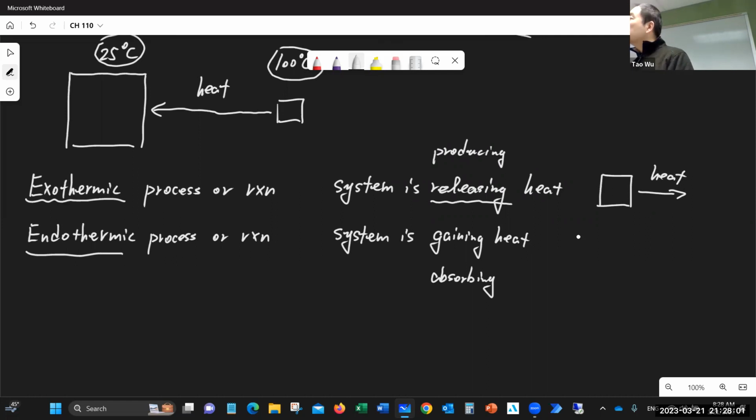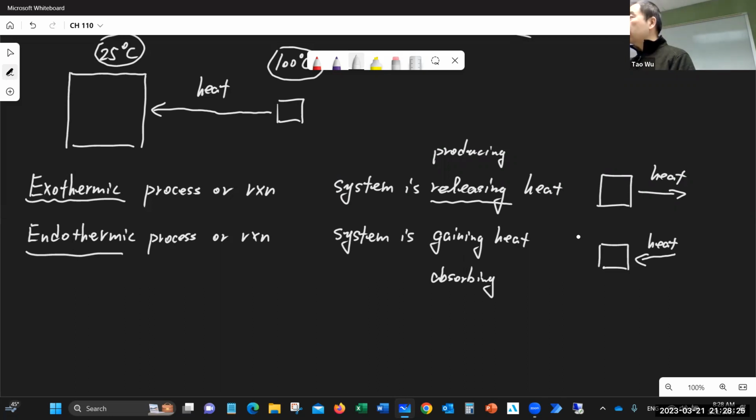This is called exothermic. But if the objects are absorbing heat, so they're gaining heat coming into this object, then this is called endothermic.